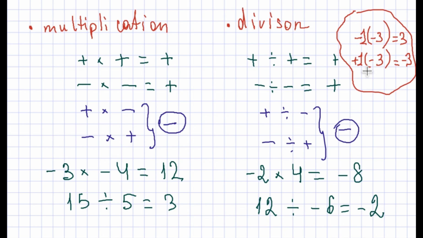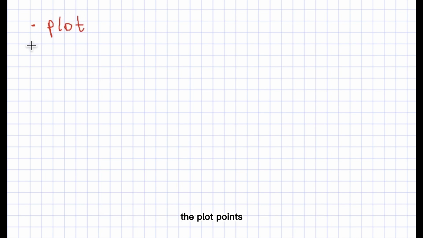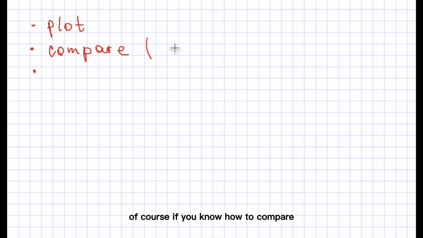Okay, guys. So today we learned some important points on one of the popular topics in mathematics, negative numbers. First of all, we had a mathematical term in the lesson, the plot points. We learned how to compare negative numbers. Of course, if you know how to compare, you will easily order them.